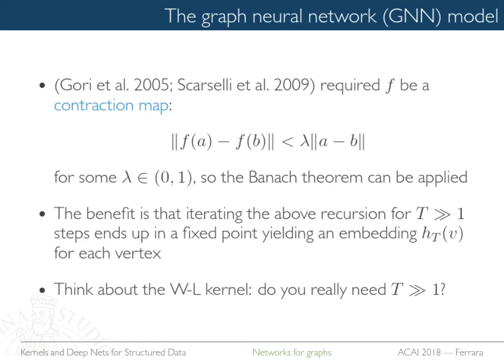Let's say they do this iteration for many steps until they reach the fixed point. Is that necessary? Maybe not. In Weisfeiler-Lehman, for example, you don't want to go too far away, right?